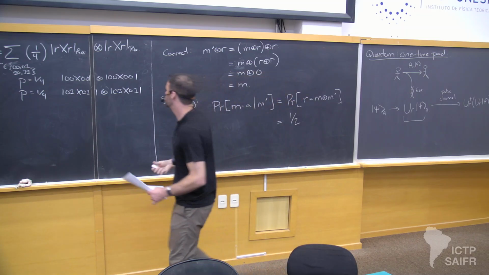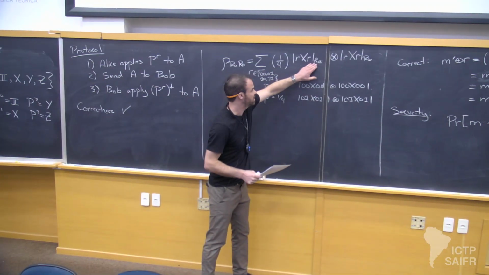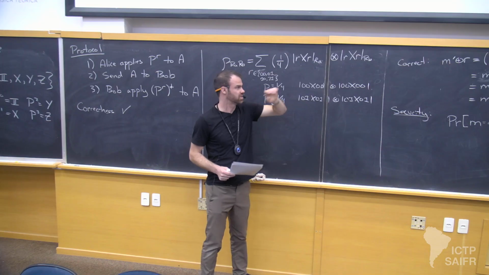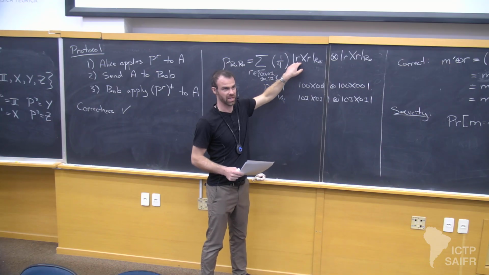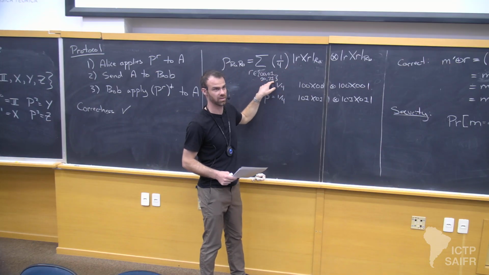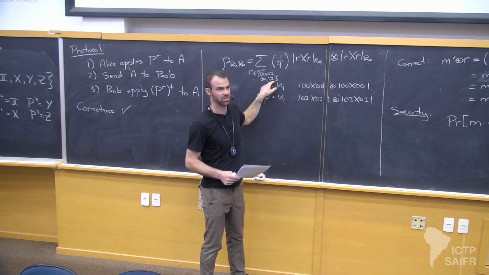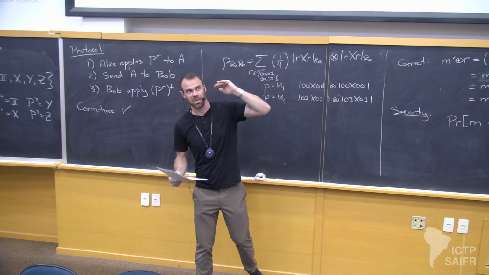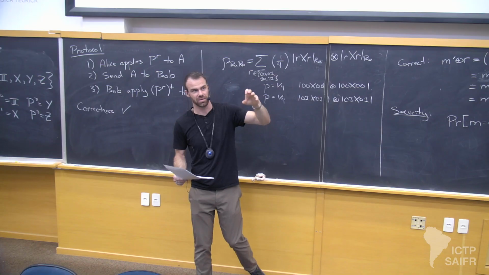So this RA system is itself a 2-qubit system. So this is a 4-dimensional basis because I'm varying over 4 things here. So the question is, if I'm only sending 1 qubit, why did I need 2 bits of randomness?